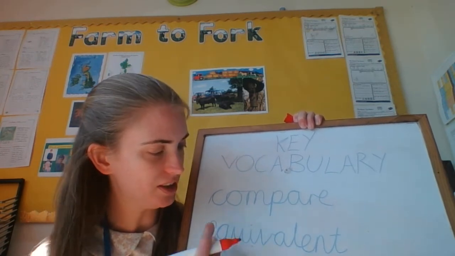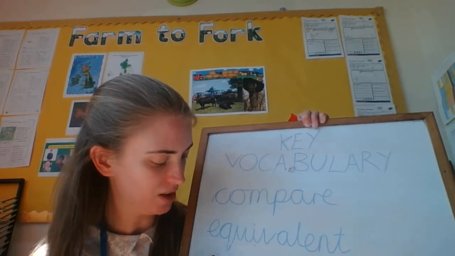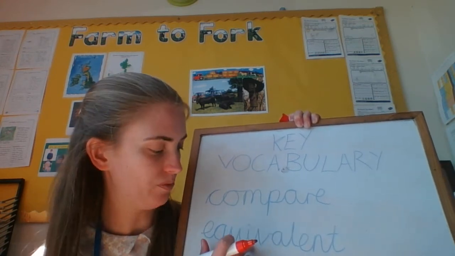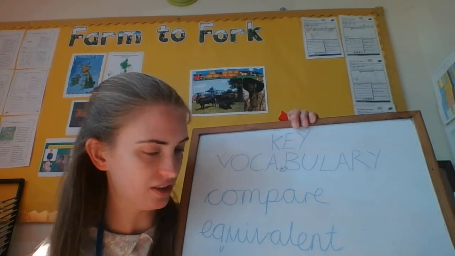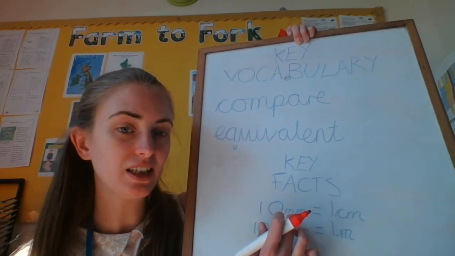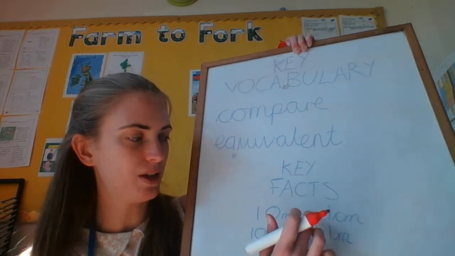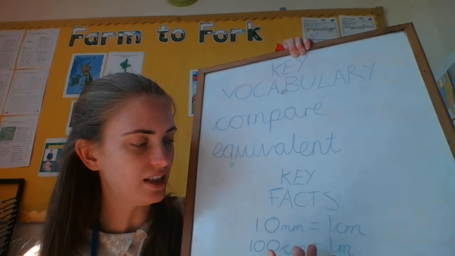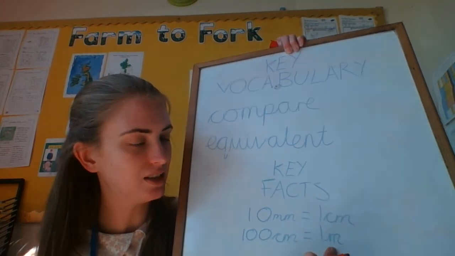So equivalent means things that are the same. So equivalent lengths are lengths that are the same as each other, often in different units. If we look at our key facts, 10 millimetres is equivalent, is the same as 1 centimetre, and 100 centimetres is equivalent, the same as 1 metre.